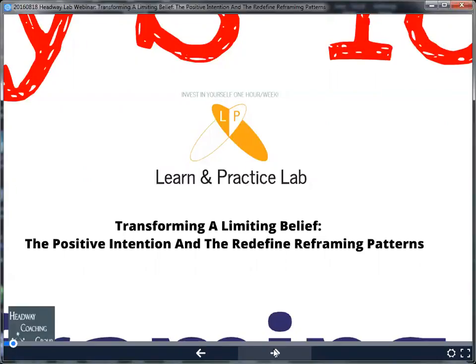And if you were present in the previous session, you probably already noticed that we are using 2 types of reframing patterns in order to implement that 4-step chaining technique. One of them, you will see how it's done, is the positive intention pattern, and the second one is the redefine pattern.